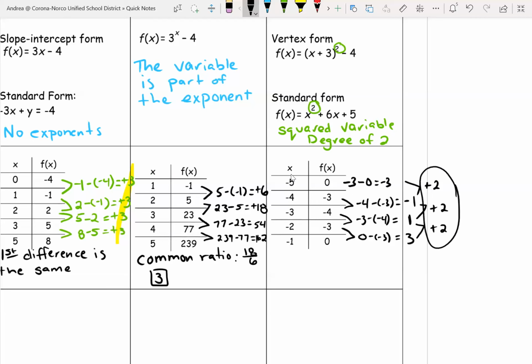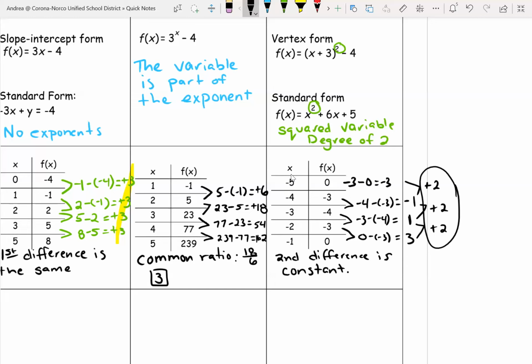The second difference is all the same, just like in the video. So this means it's quadratic. Second difference is constant, or the same. That means it's quadratic. Any questions over this?